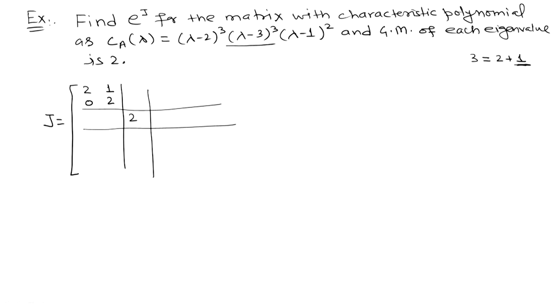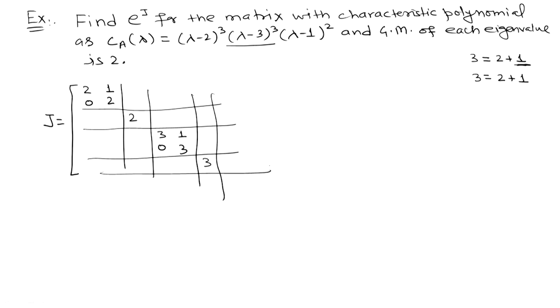Now, come to this factor. Here again for 3 the geometric multiplicity is 2, so 2 blocks. 3 can be factored into 2 integers as 2 plus 1. So, I will have 3 1 0 3 and again 3 here. And finally comes lambda minus 1 square.